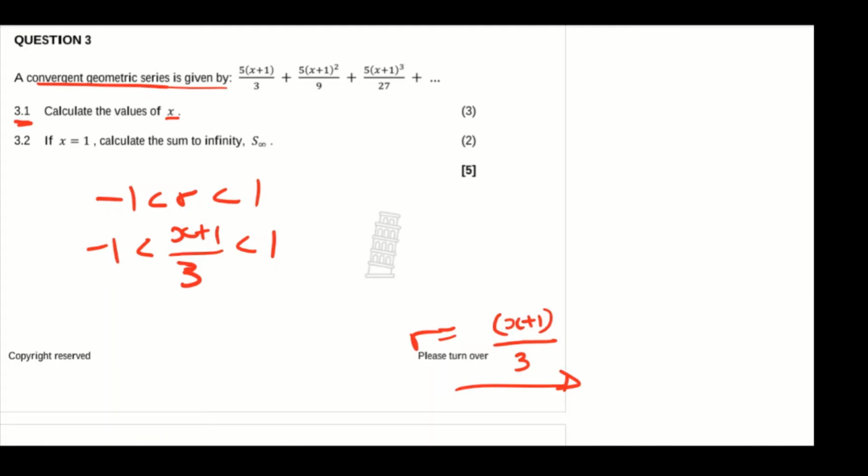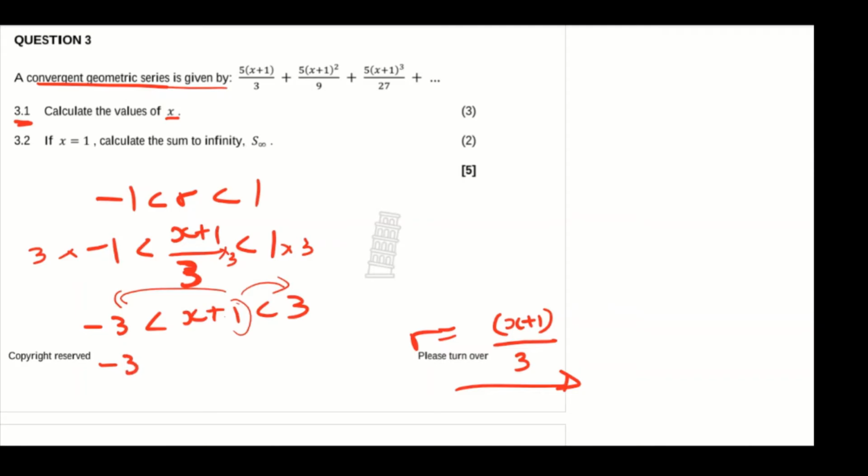And now we need to find the value of x, right? So we need to get rid of this 3 at the bottom by multiplying on both sides. So we're going to remove it by multiplying here, here, and here. So you have -3 less than x+1 less than 3, right? And then get rid of this 1 here, take it to that side, and you also take it to that side.